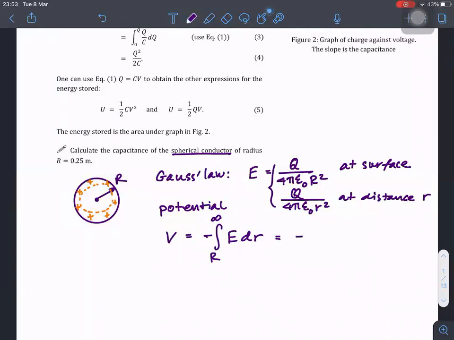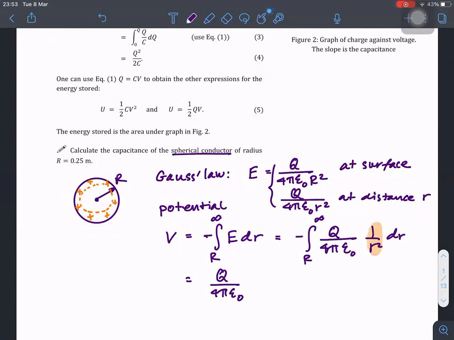So integrate the constant Q over 4 pi epsilon 0, and we have 1 over r squared dr. From the integration, I take out this constant and integrate 1 over r squared.